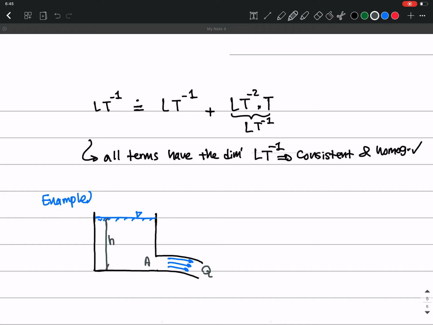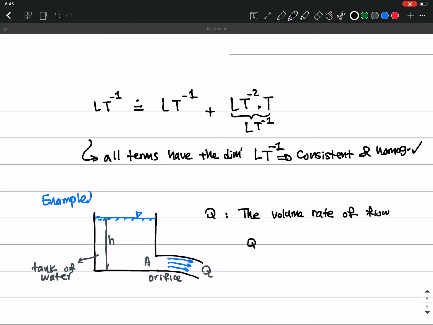With Q as the discharge, the discharge rate, and this is just a tank of water, and this is the orifice. So the volume rate of the flow, Q, is the volume rate of flow.